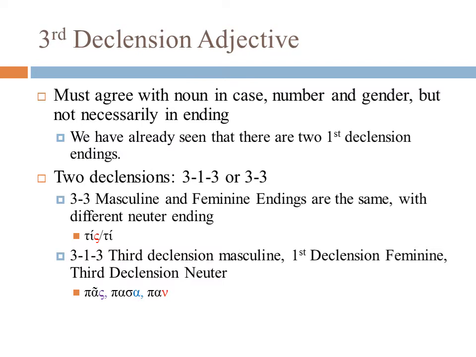And this we have an example of tis, ti. Tis is the masculine and feminine, ti is the neuter form. And then we have 3-1-3 third declension adjectives, which have a masculine third declension, a first declension feminine, and a third declension neuter, and we get pas, pasa, pan.